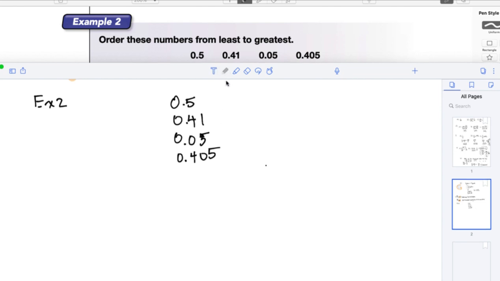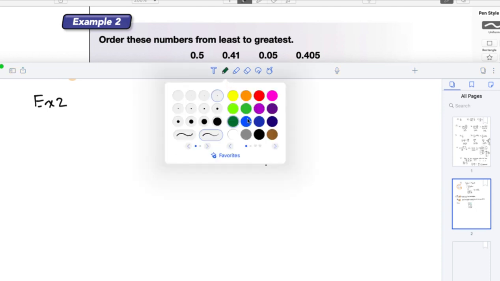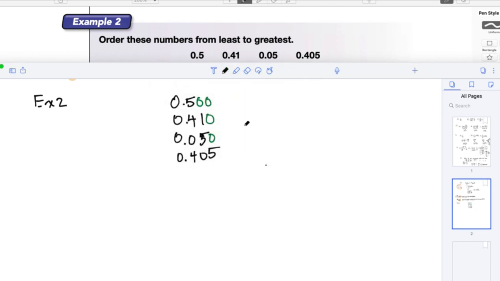I would even go as far as to fill out the number a little bit. So we see we've got 3 digits after the decimal. So let's make everything have 3 digits after the decimal. Now it's really clear to see that this is the largest and this guy over here is the smallest, and these guys come one after another, this one first and this one second.